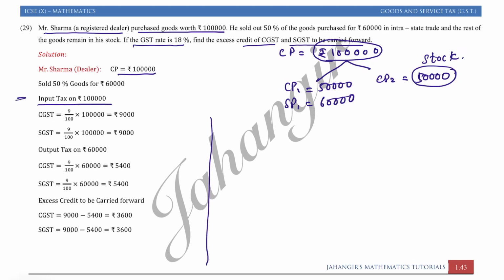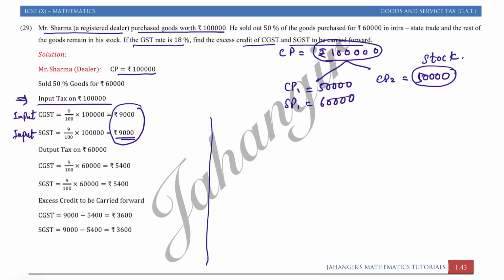So first we will find, okay, what amount of tax he had paid while purchasing, that is input CGST and input SGST. Input tax, that is here we can say input CGST, input SGST. Overall total he had paid rupees 18,000.